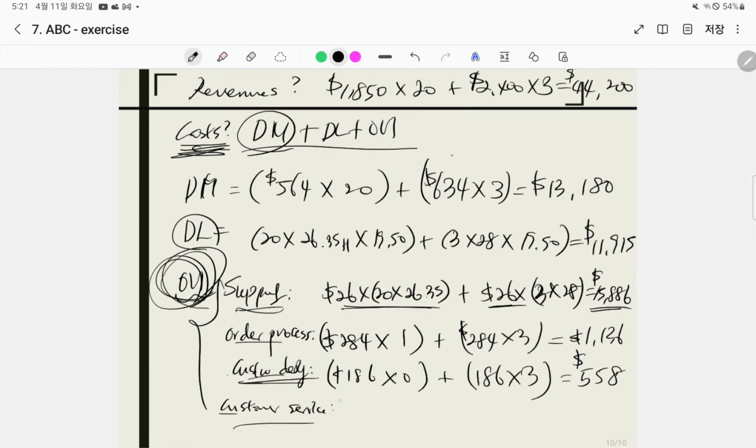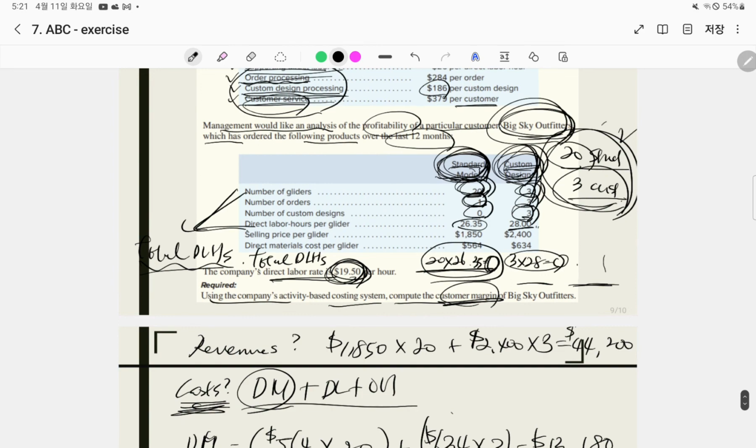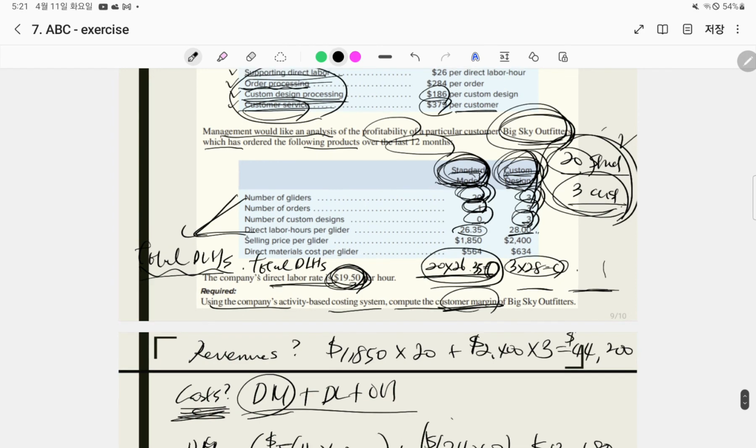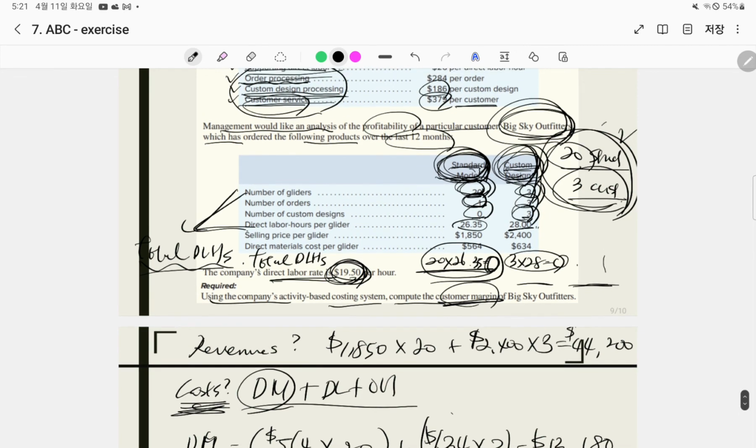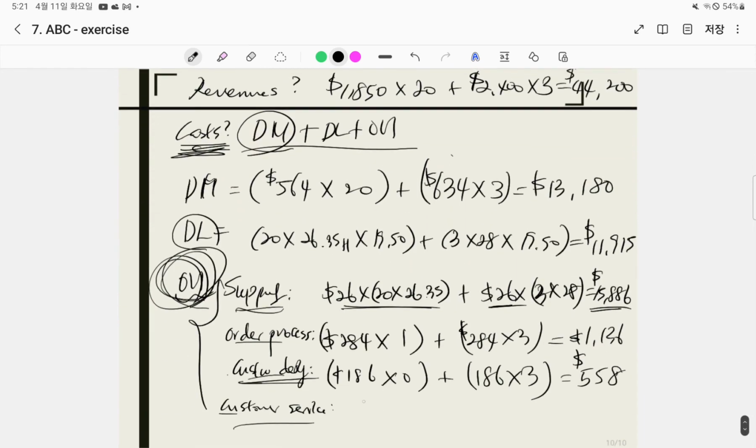Last, customer service costs $379 per customer. Okay, $379 per customer. And how many customers are there? 1, right? One customer. Why?